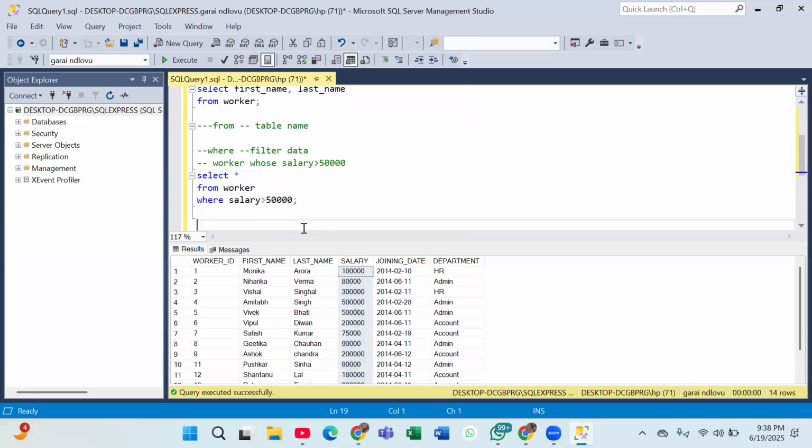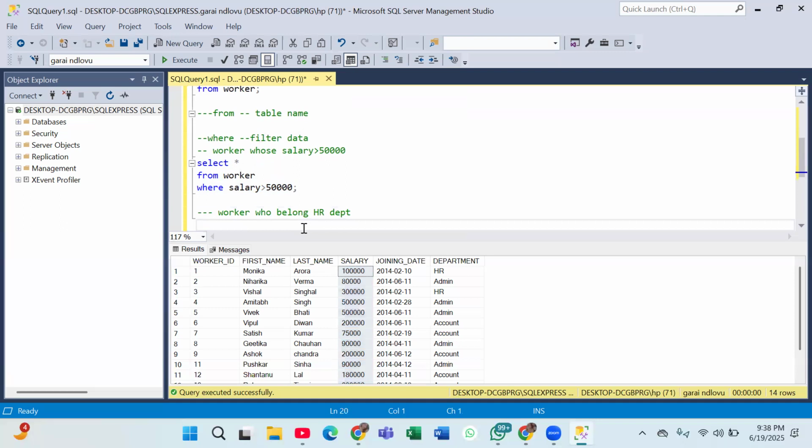Okay. Let me give you one more example then. I want to have those workers who belong to the HR department. How will I do that? Write down in the chat box. Very good, Vishal. Yes, Souvik.